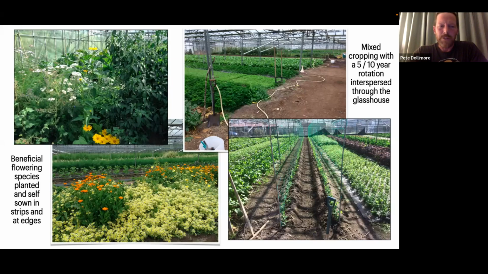They always have the energy, and you're attracting in things from outside, and then they fly back outside again. Trying to have the greenhouse as a porous thing that things can come in and out of, and keeping the vents open to allow that, is quite important. And this patchwork of cropping means that if something does get a problem, it's not just spreading through the glasshouse. It encounters a different crop as soon as it tries to move.